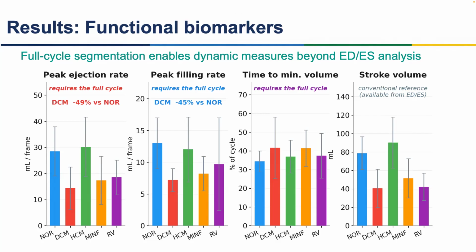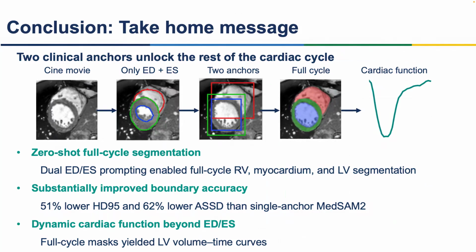And together, these findings lead to 3 take-home messages. So in conclusion, we developed a zero-shot dual-anchored framework for full-cycle cardiac Cine MR segmentation. The method uses the clinically defined end-diastolic and end-systolic phases as complementary prompts for a medical video foundation model without cardiac-specific training, fine-tuning, or test time adaptation.